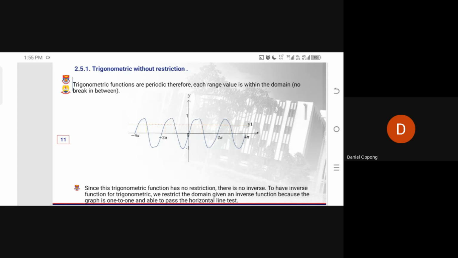To have an inverse function for trigonometric functions, we restrict the domain. Like this example: in the A part, we didn't restrict the domain, so the domain was all real numbers.